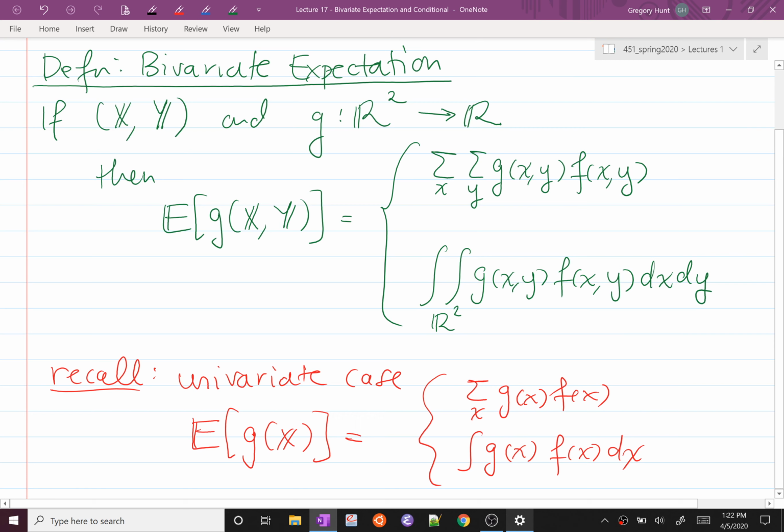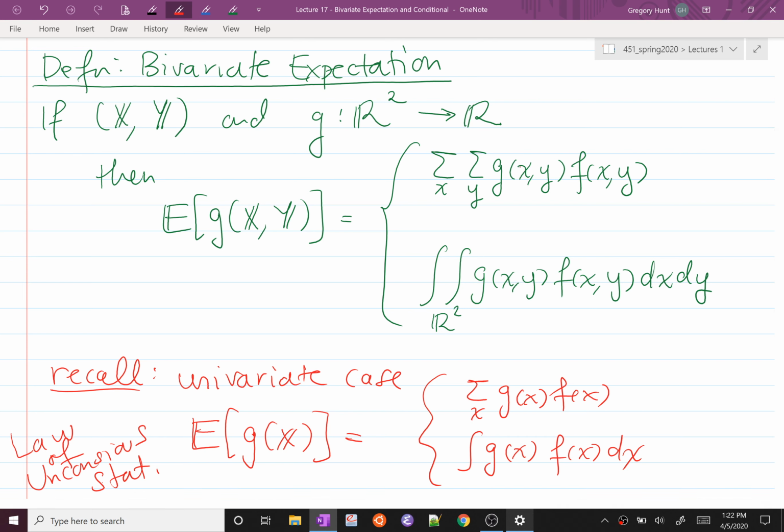And so this bivariate expectation definition is very similar to this univariate case, the so-called law of the unconscious statistician. In the bivariate case, we have a very similar thing, but now we have a two-variable function, g of x comma y, and our PMF, or PDF, is also two-variable, f of x comma y.